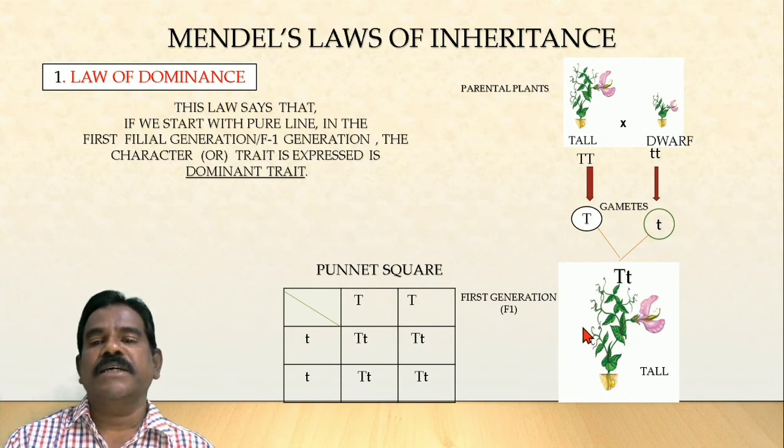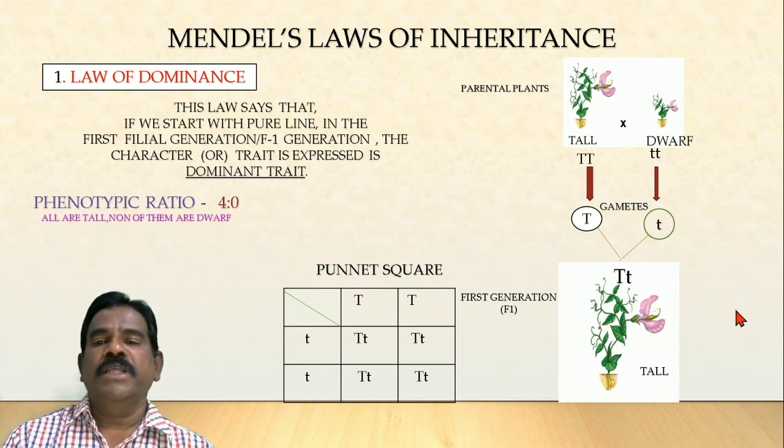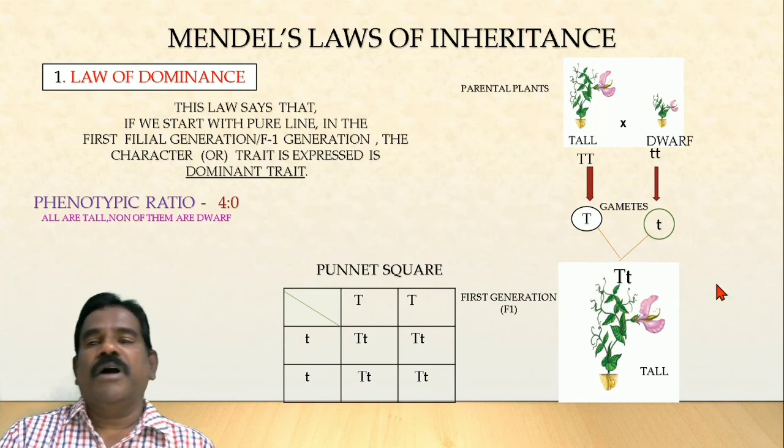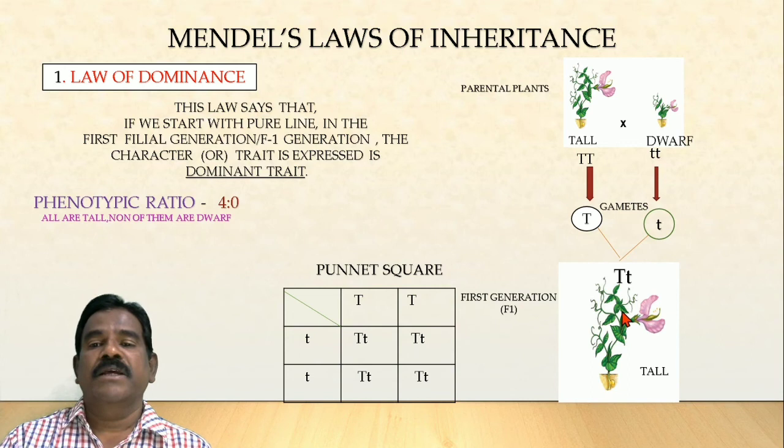In this example, we obtain all the plants as tall plants. Out of the two characters, tallness and dwarfness, in the first generation only the tall character was expressed.